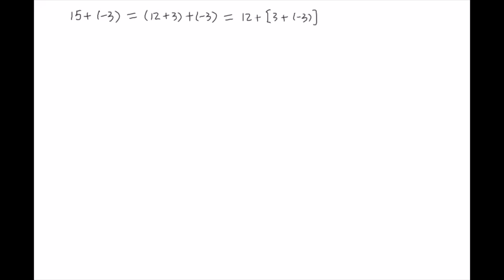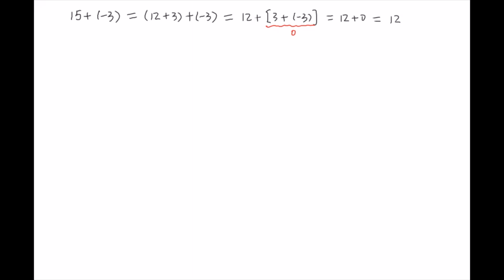Now we use the property of opposites. The sum is 0. And here we use the identity property of addition. So 12 plus 0 equals 12.